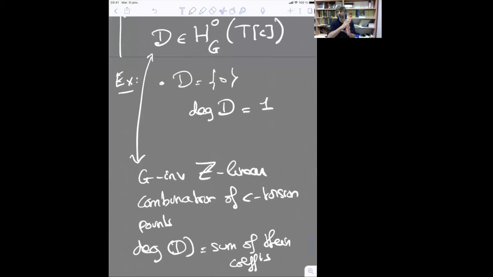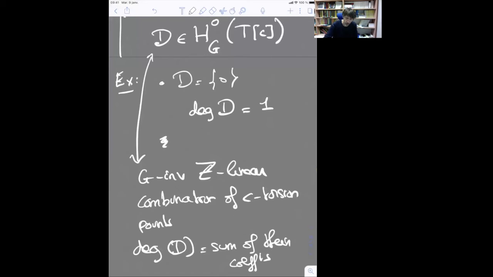So really in the fiber you have c-torsion points. You take some linear combination with integral coefficients of them. Of course, you can just take the zero torsion point. It has degree 1. We have already encountered this in Sullivan's theorem.